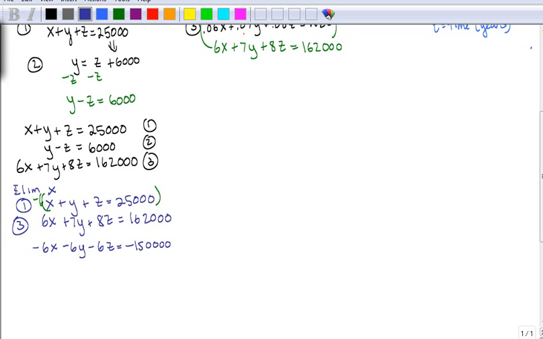The second equation I'll leave alone. And if I add those up, just like we did with the previous problems, I notice the x's get eliminated, and what I'll have left is y plus 2z equals 12,000. And I'm going to call that my fourth equation.